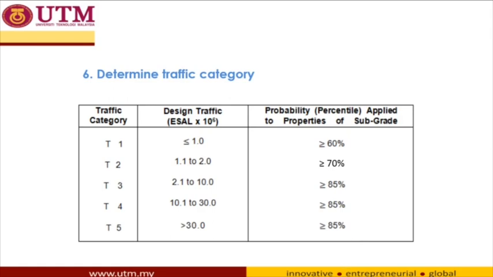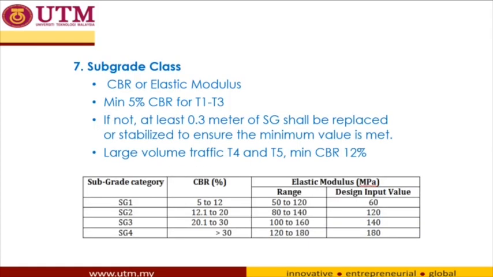Okay, next we have a look at subgrade class. Normally for subgrade, the properties are measured based on CBR or elastic modulus. For CBR value, a minimum of 5% is considered for T1 until T3 traffic category. If the minimum of 5% is not achieved, at least 0.3 meter of the subgrade shall be replaced or stabilized to improve the value to at least a minimum of 5% before we can use this method.